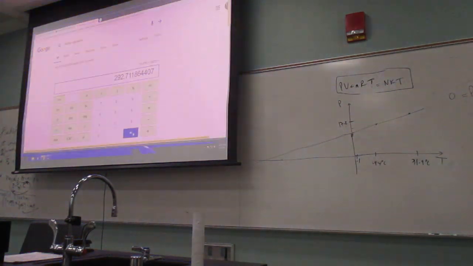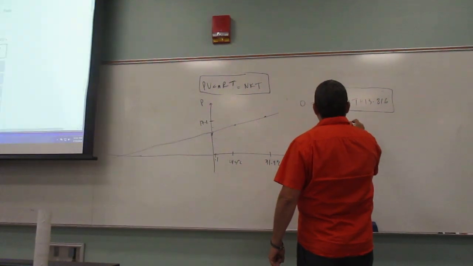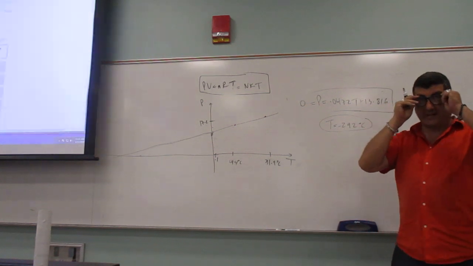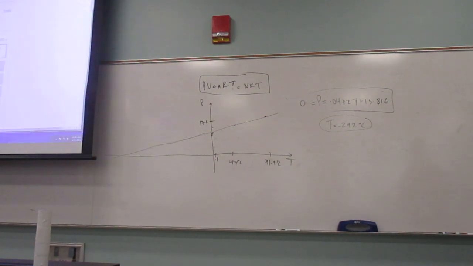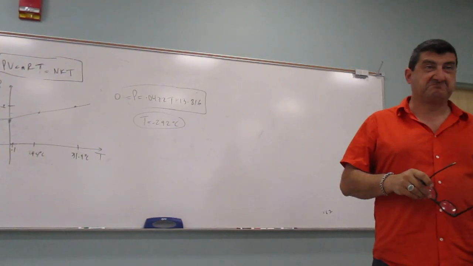Not bad, huh? This is the type of experiment that's simple enough you can have middle schoolers prove the ideal gas law. You're not only proving the ideal gas law with a simple experiment, you're actually calculating the temperature of absolute zero.